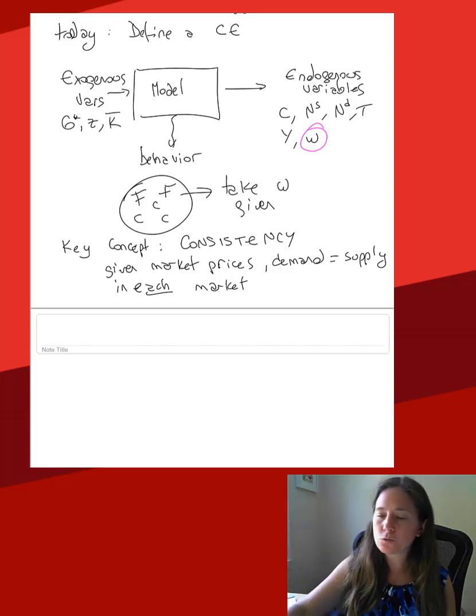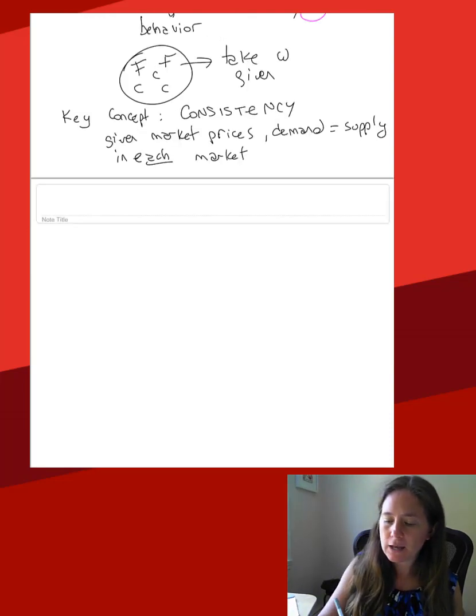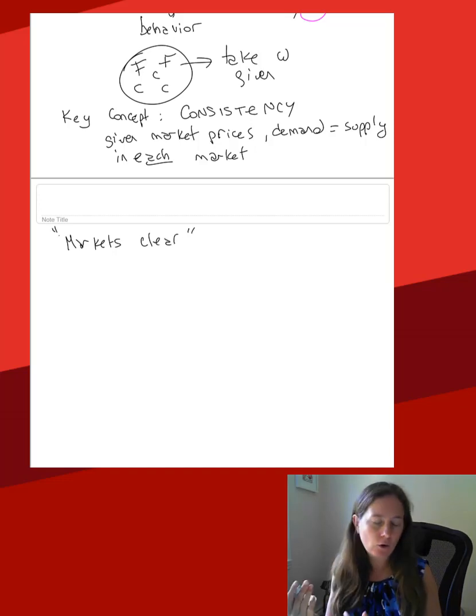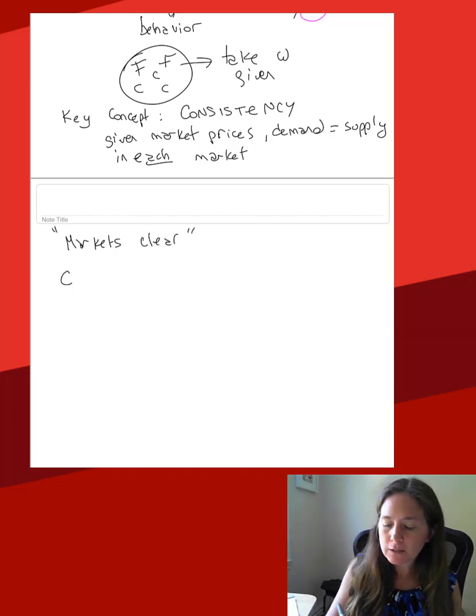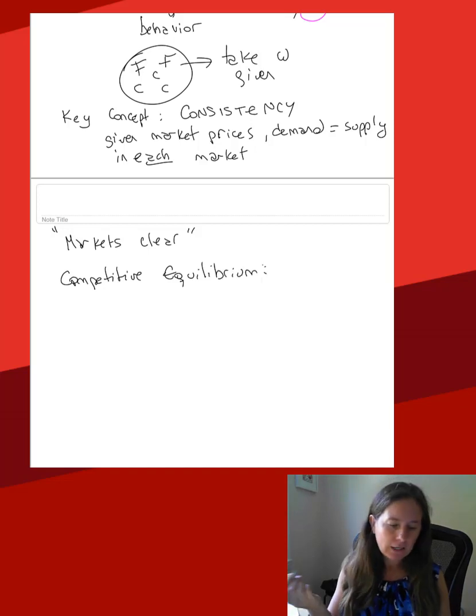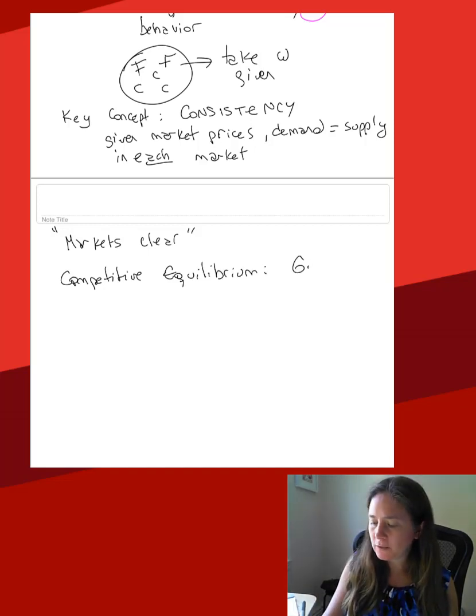So in other words, we are going to say that in equilibrium, markets clear. There's no excess demand and no excess supply. So let me define properly a competitive equilibrium here. So what is a competitive equilibrium?